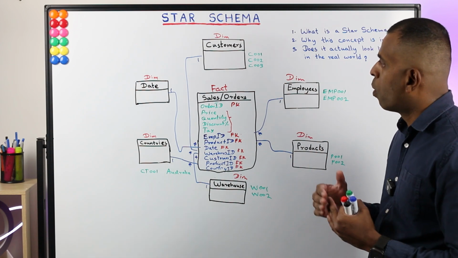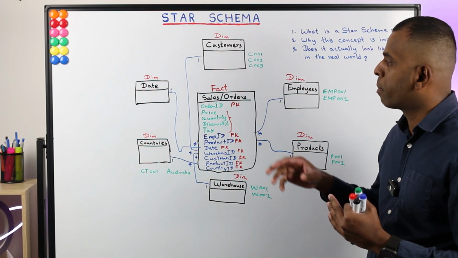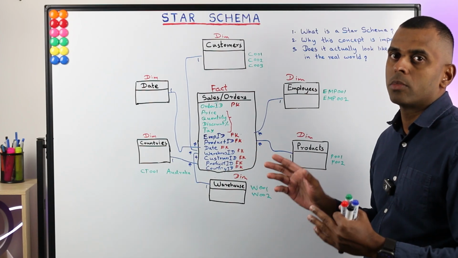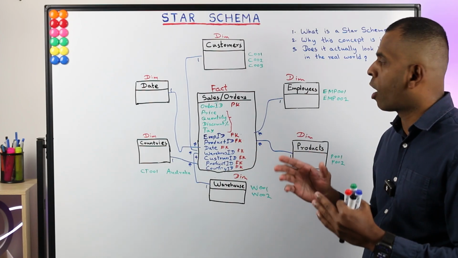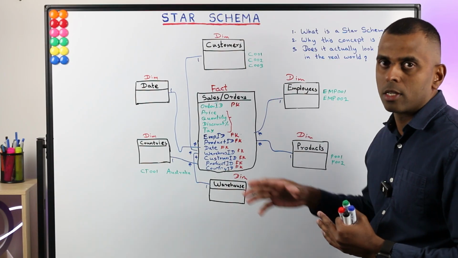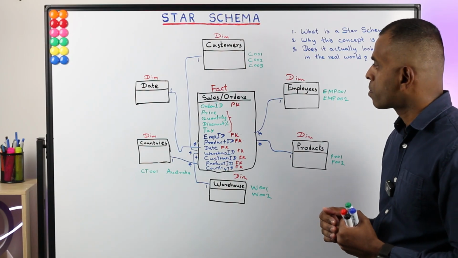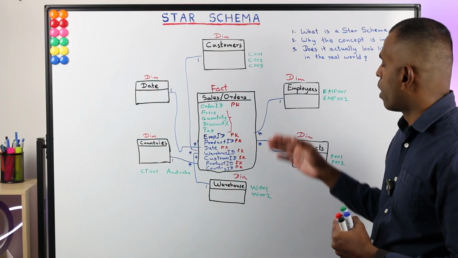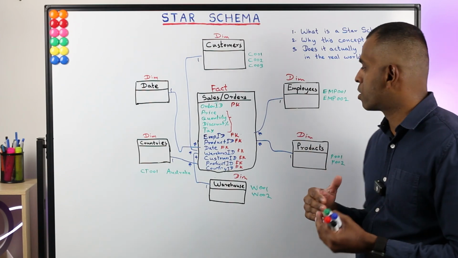Whether we are making a simple semantic model or a complex semantic model, we always try to follow this Star Schema concept. So that's why it is important, like how those filters work.